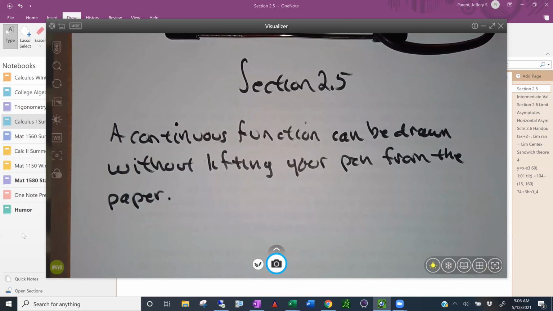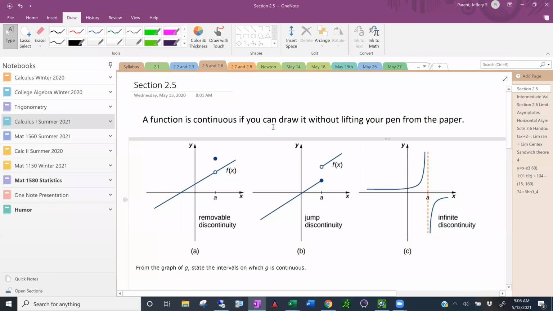Now, there are a couple of ways that things might not be continuous, and we'll categorize some of them. Here we go. This is the handout that I put in the chat, also on D2L. You have what's called a removable discontinuity.